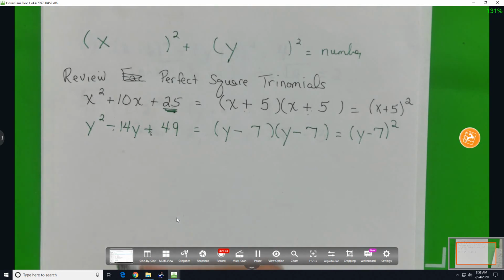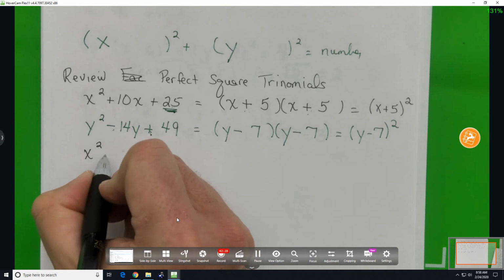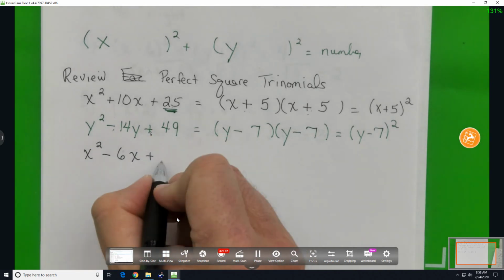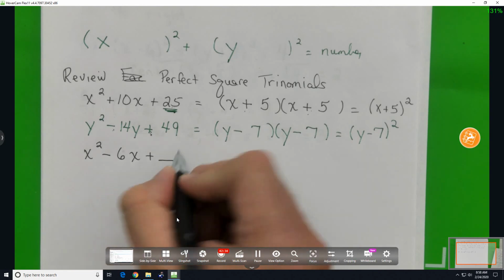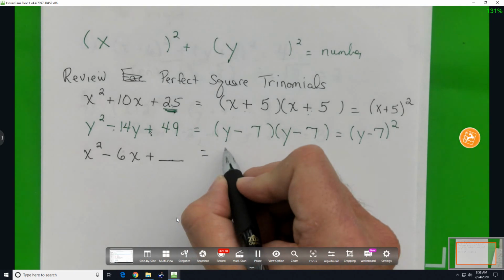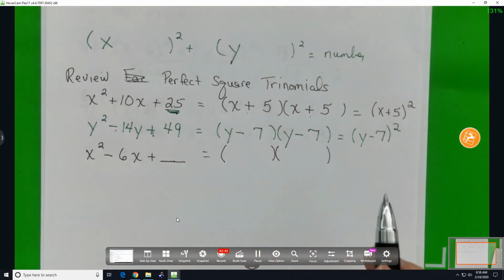Let's see. What about this one? X squared minus 6x plus. Could y'all figure out what perfect square would need to go here in order to get one of those perfect square trinomials? It's got to be a perfect square. What are the perfect squares? 1 times 1, 1, 4, 9, 16.